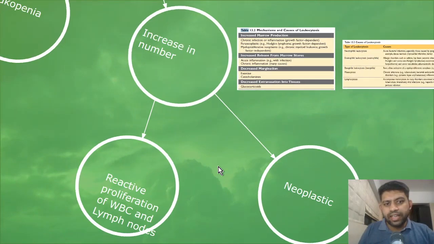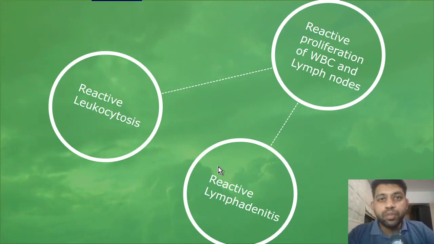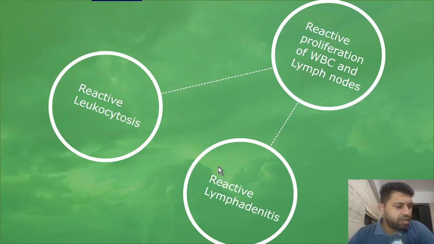Coming to reactive proliferation of WBCs and lymph nodes. It is difficult to separate WBCs in the blood from WBCs in the lymph node.